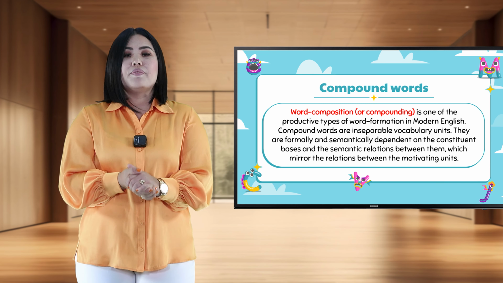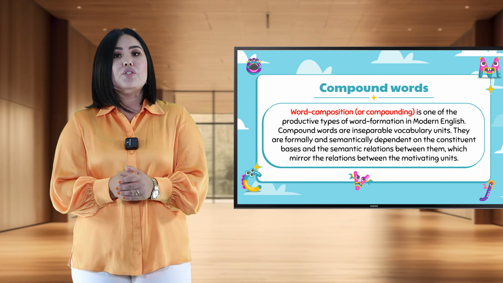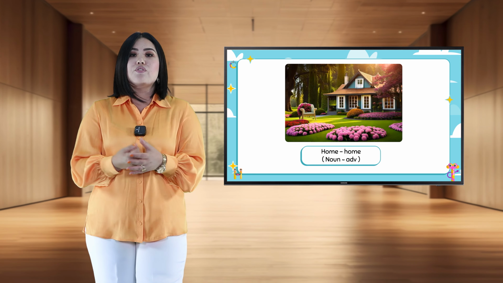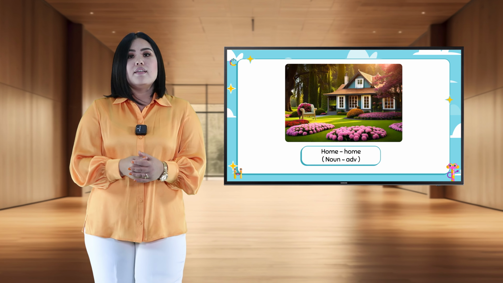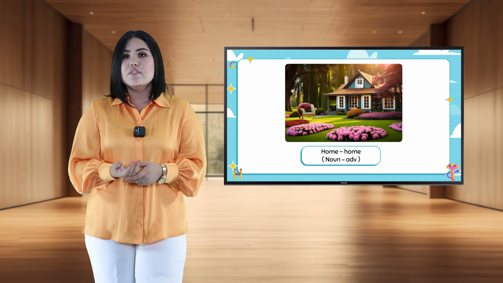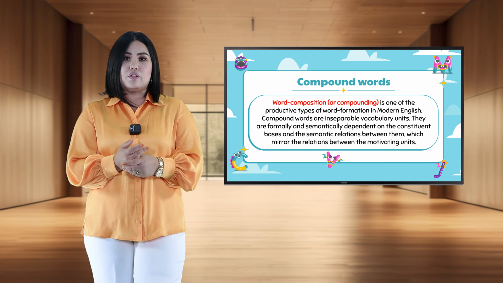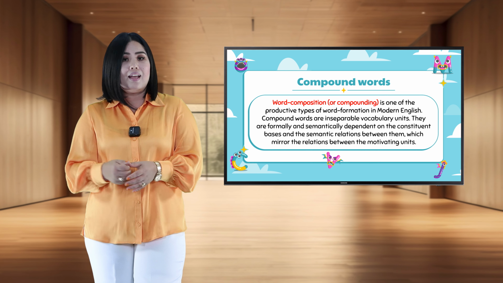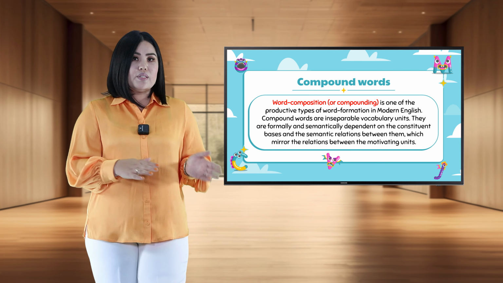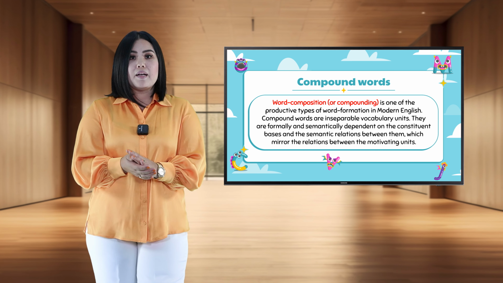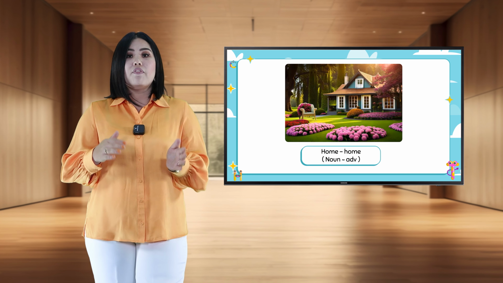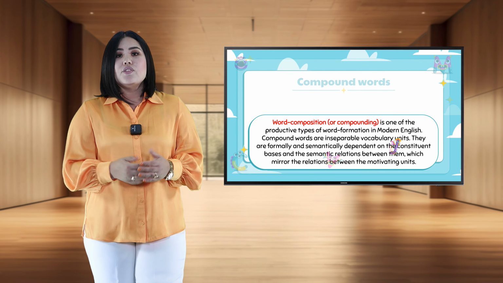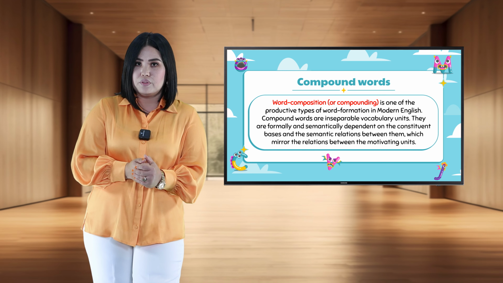Compound words are individual words made from two or more words working together. We can see compound nouns, verbs, adjectives, adverbs, and etc. According to the parts of speech, compound nouns such as ice cream, baby moon.